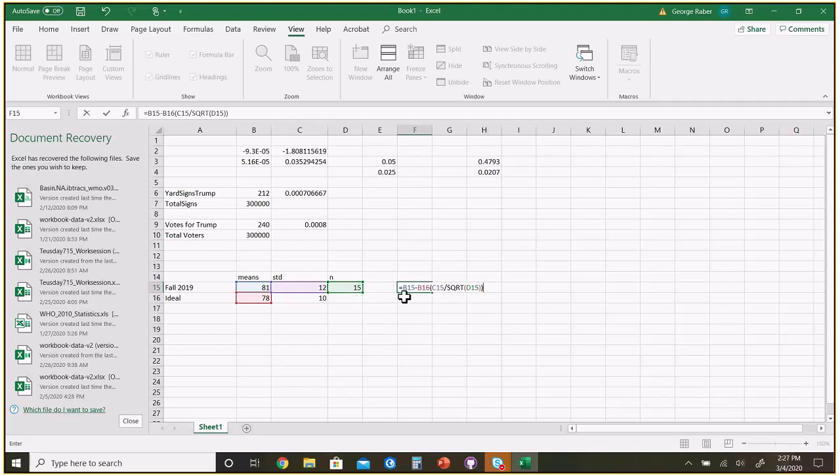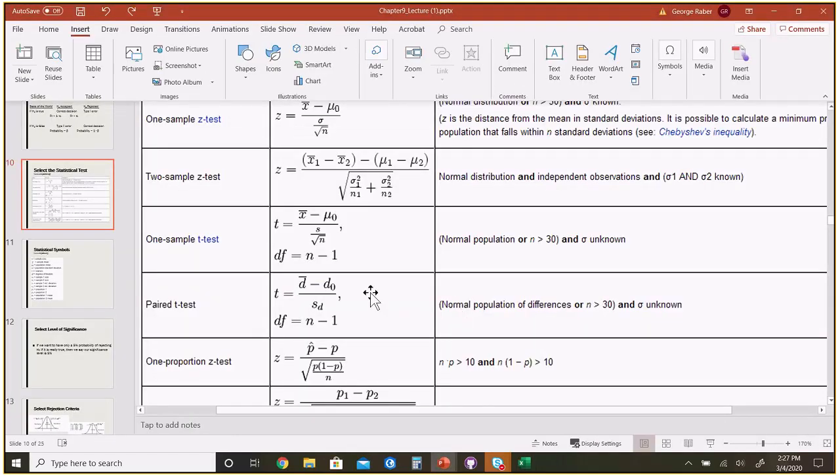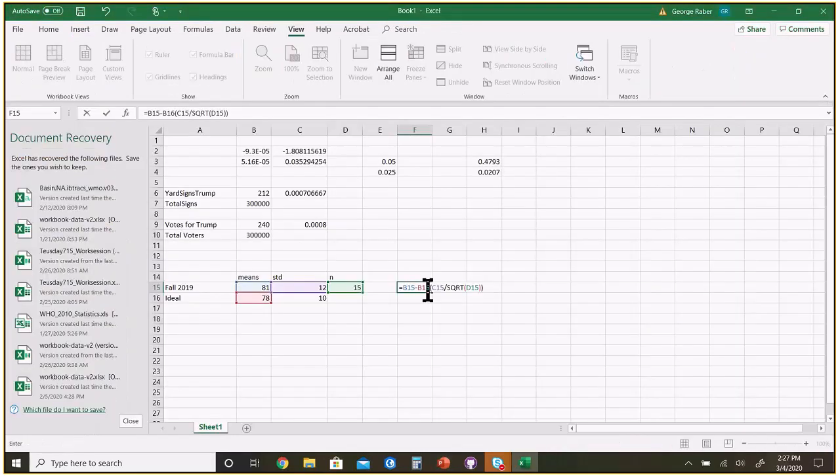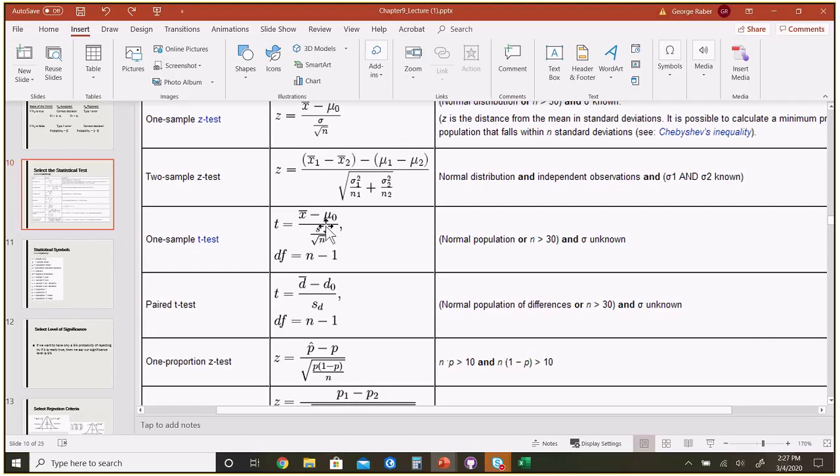And this also needs to be divided by, see, there's two divided by symbols there. So I messed up. Put a divided by symbol there. So it's this, and I need to put that in parentheses. So it's this divided by that. That formula is this value.